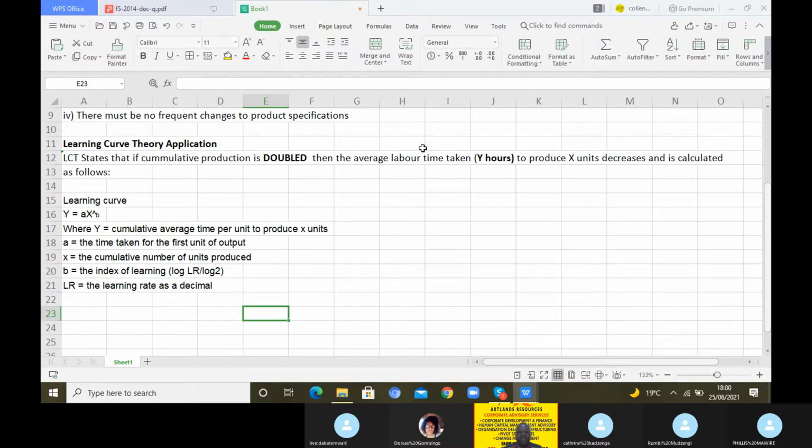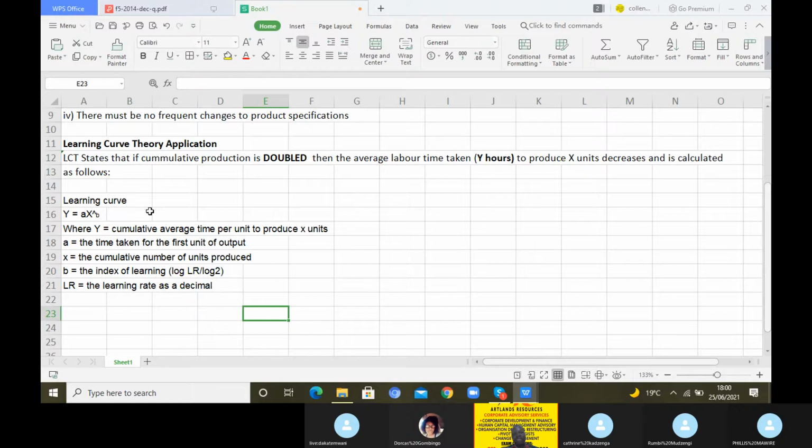No wonder we are saying average labor time taken. And then A is the time taken to produce the first unit. X is the number of units, of course. And B is the learning index. And how do you calculate the learning index? It is the logarithm of the learning rate over the logarithm of 2.